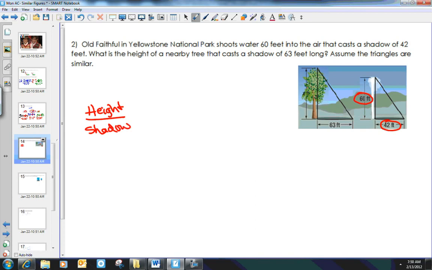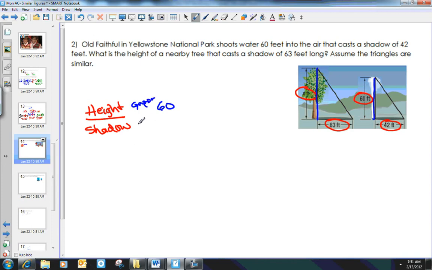Okay, so now the tree, we don't know that height, it's X, but we do know the tree's shadow is 63 feet. So making our similar figure proportion, the height of the tree over the shadow. So we know that the height of the geyser is 60. So I'm going to put geyser here.